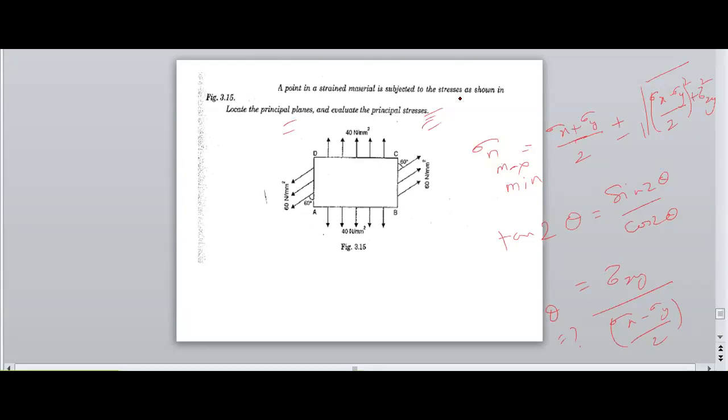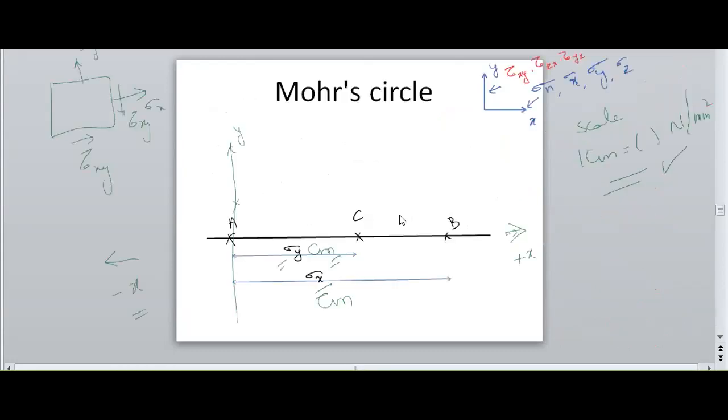How to find it by the graphical method? The procedure will be the same. We have sigma x, sigma y, and tau xy also existing.